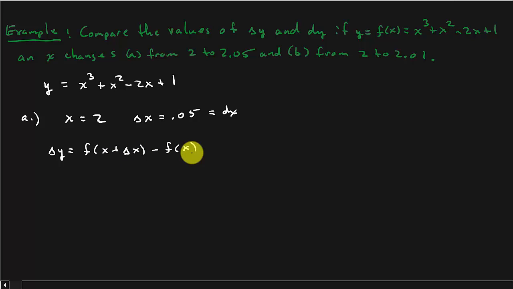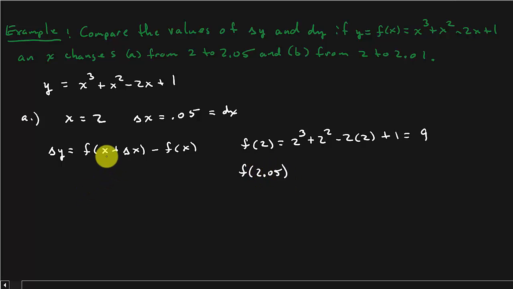All right, so let's see what we've got. We've got f of 2 is equal to 2 cubed plus 2 squared minus 2 times 2 plus 1, and that is equal to 9. And then we have f of 2.05, because remember, x is 2, delta x is 0.05, so 2 plus 0.05 is 2.05.